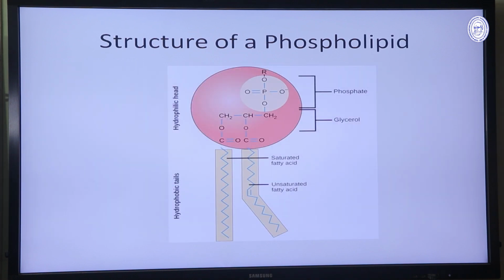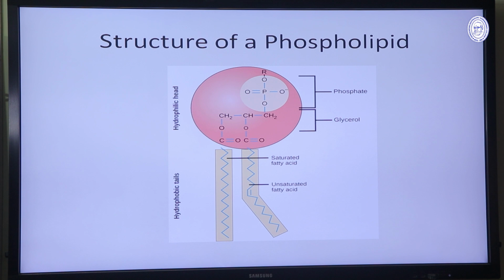Now, coming to the structure of a phospholipid. In the previous case, we found that the 3-carbon glycerol molecule is forming 3 chains. But in case of phospholipid, 2 carbons are forming 2 fatty acid chains or fatty acyl chains.